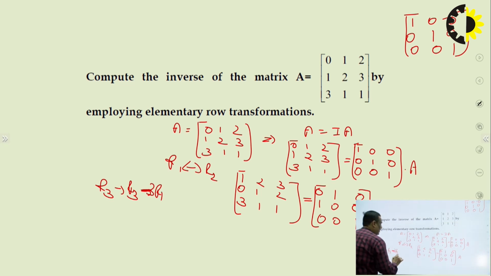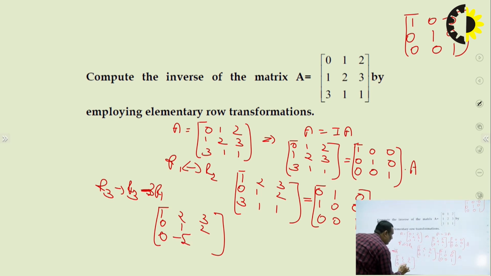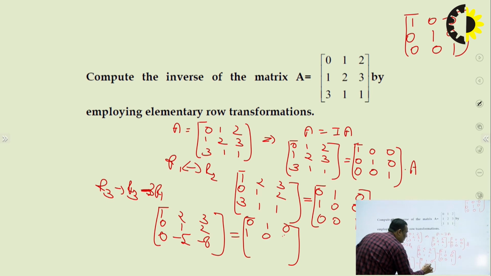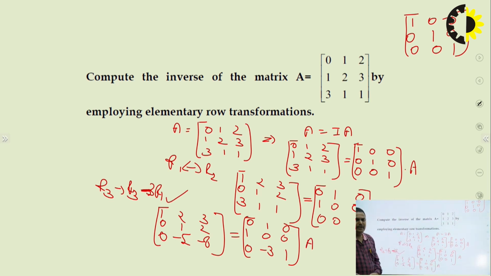What will it be? 1 2 3, 0 1 2, 0 minus 5 minus 8, and the same operation is applied on the right hand side: 0 1 0, 1 0 0, 0 minus 3 1 into A. Now the first column is complete as in a unit matrix: 1 0 0.